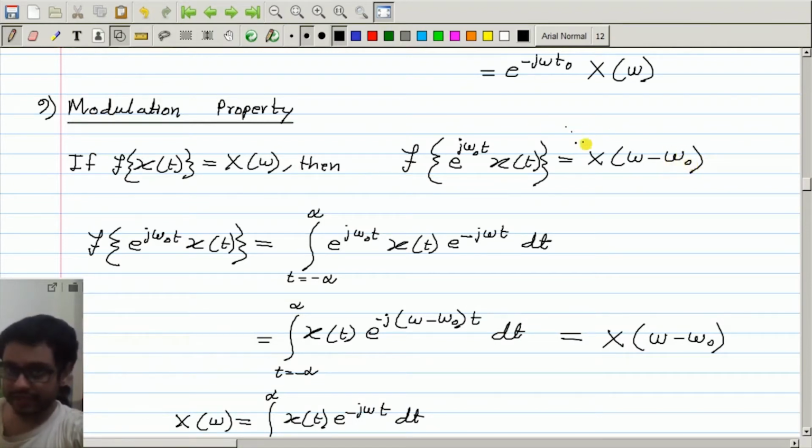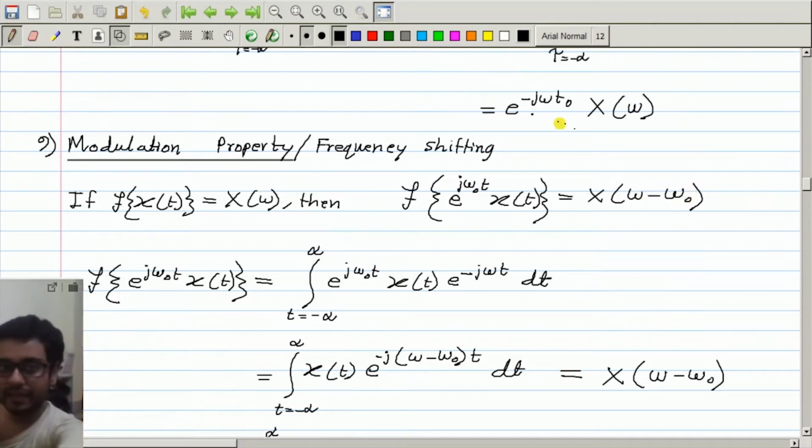And therefore this property is also called frequency shifting. So when you multiply e to the power j omega naught t with a signal, then the Fourier transform gets shifted by the amount omega naught.